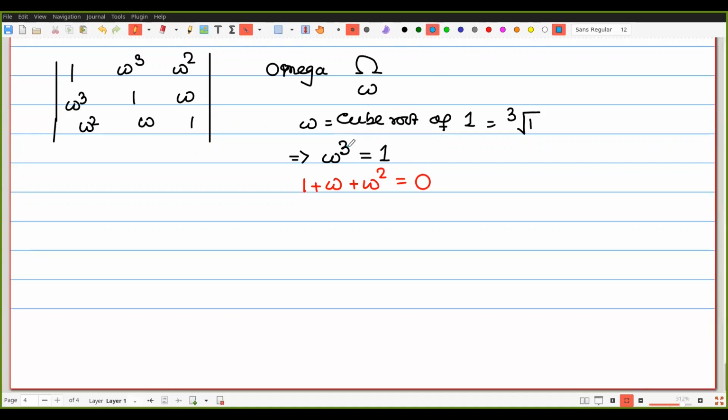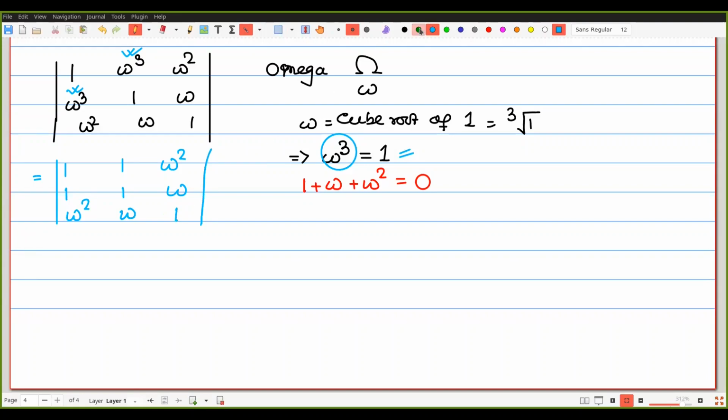So here check, if omega cube is equal to 1, we can write in the determinant, in the place of omega cube, 1. So we are writing 1, omega square; omega cube, so that one is 1, omega; last one, there is no omega cube, so omega square, omega, 1.